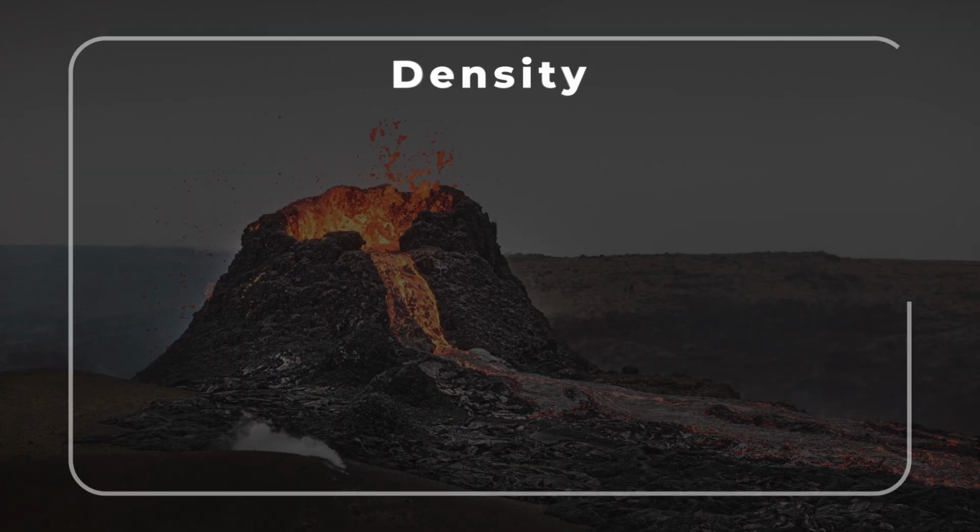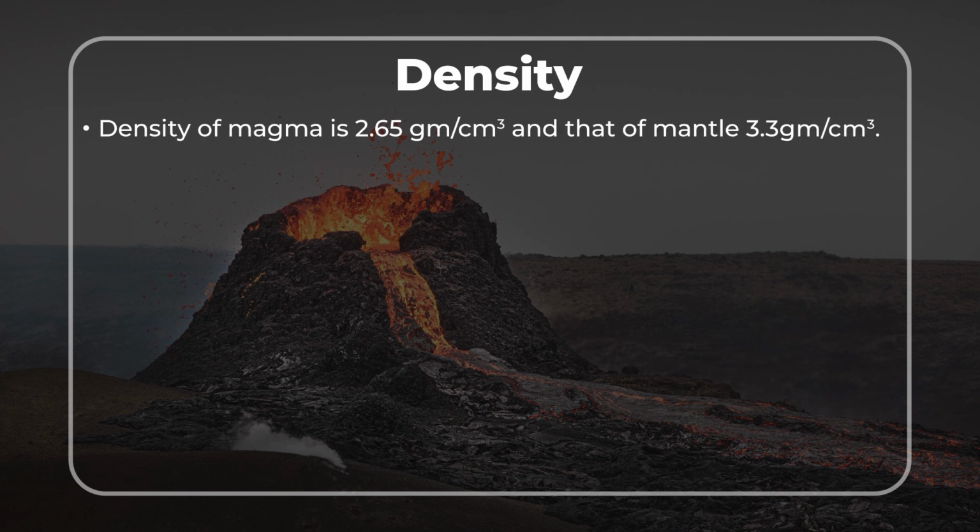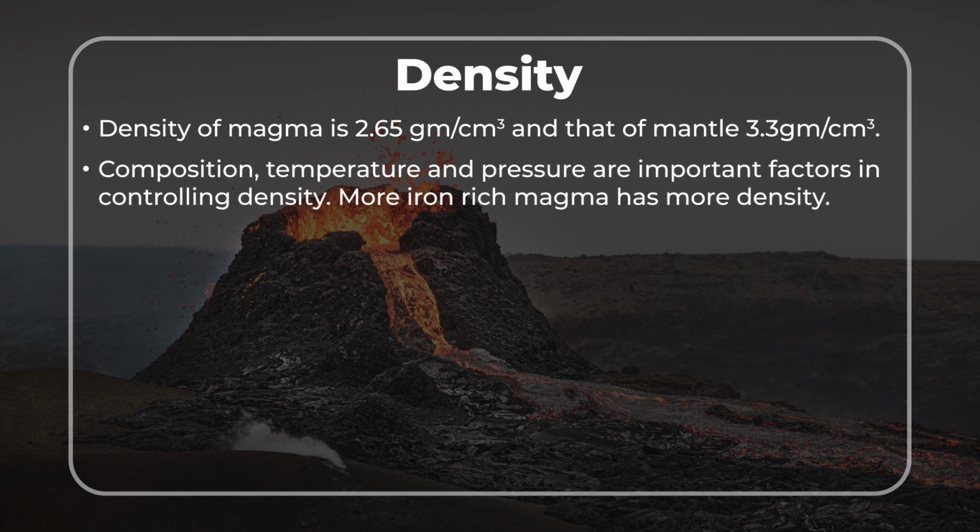Now density. The density of magma is 2.65 grams per centimeter cube, and that of the mantle is 3.3 grams per centimeter cube. Composition, temperature and pressure are important factors in controlling the density.